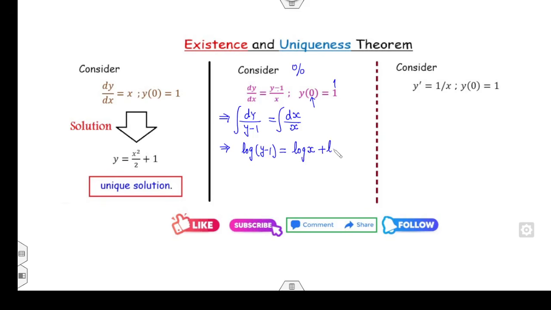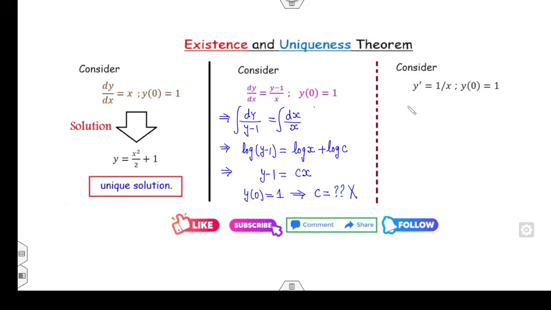I choose the constant as log of c, which implies y minus 1 is equal to cx. Now, based on my initial condition y of 0 is equal to 1, can you find the value of c? Y of 0 is equal to 1. So what is the value of c? Can you find that? No. You can never find the value of c.